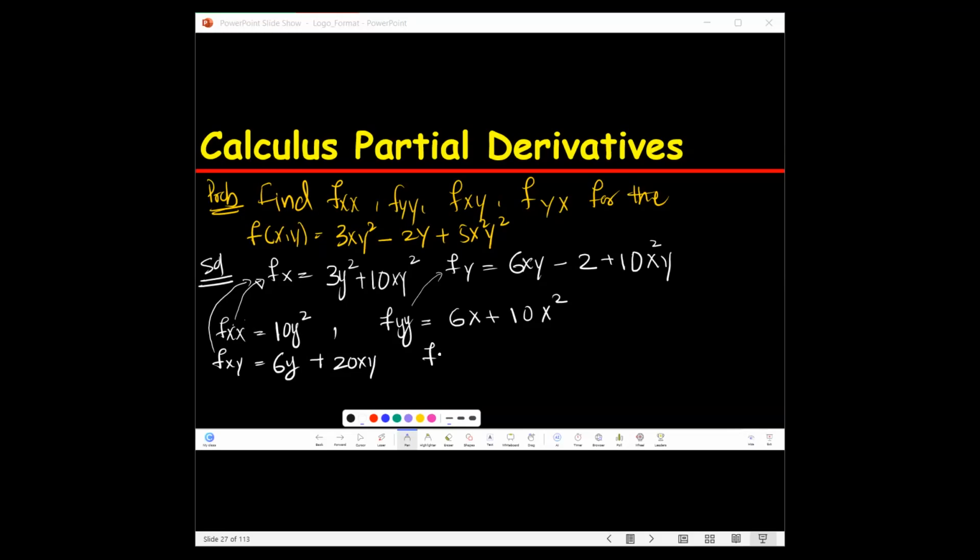And if I want to calculate fyx, I take this function and take the derivative from here, which is going to be 6y plus 20xy. Okay, that's pretty much the answer for this.